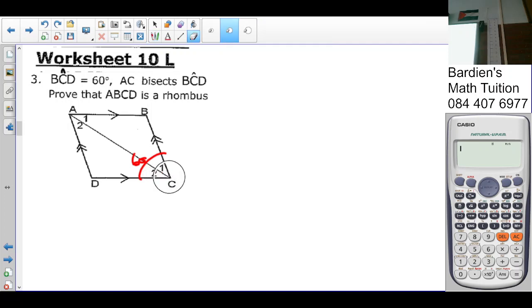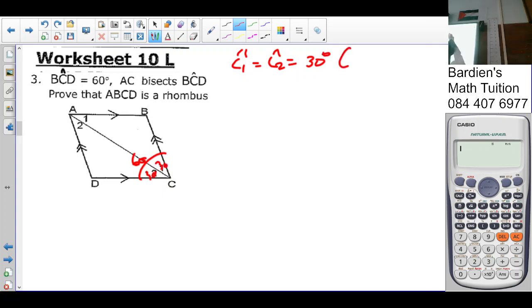We say firstly that is given to us. So now we can say that C1 is equal to C2, which is equal to 30 degrees. Why? Given. Given that AC bisects BCD.